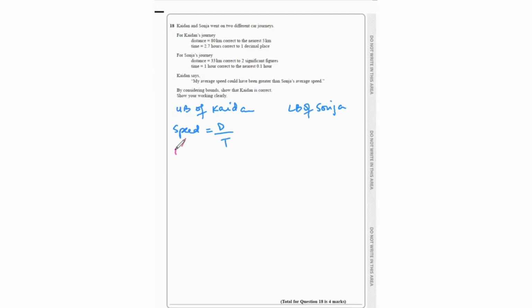So if we're trying to find the upper bound, for distance we need the upper bound and for time we need the lower bound. Whereas for the lower bound of Sonja's speed, it's going to be the opposite. Since it's lower bound, we need the lower bound for distance and the upper bound for time. So let's use this information to solve it.